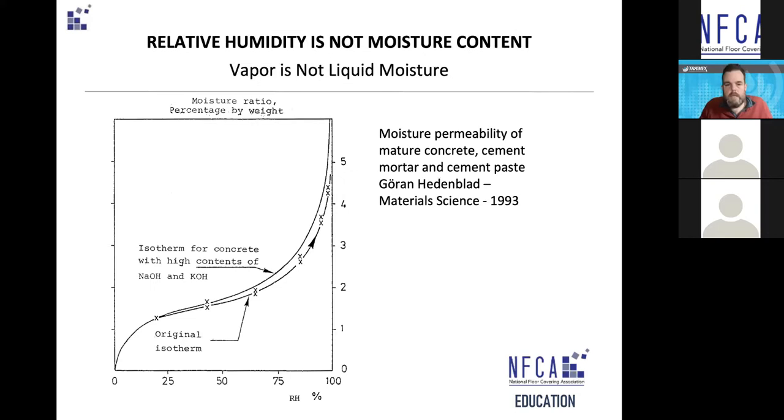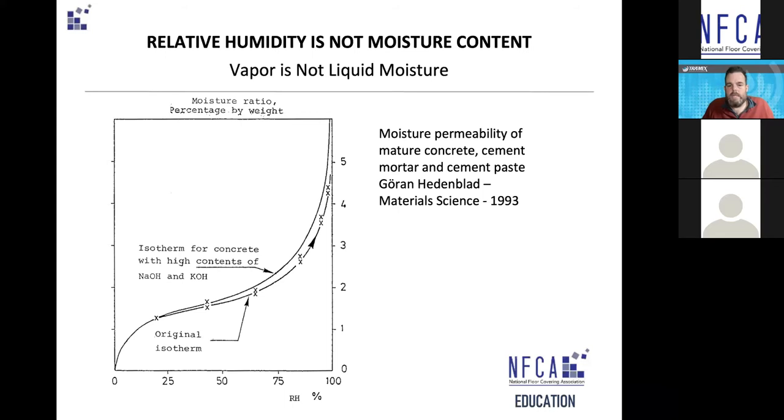We do that by measuring both the vapor and the moisture. By measuring both, they should line up along the lines of this chart in front of you, which is called a sorption isotherm.